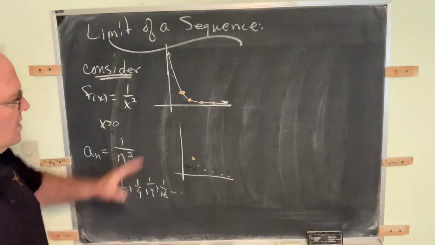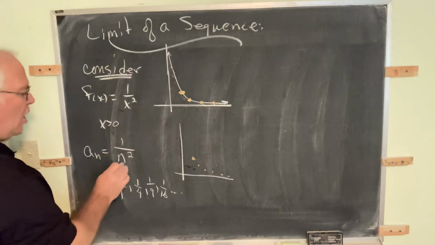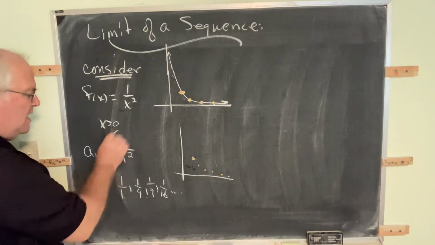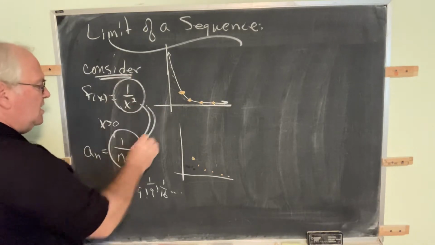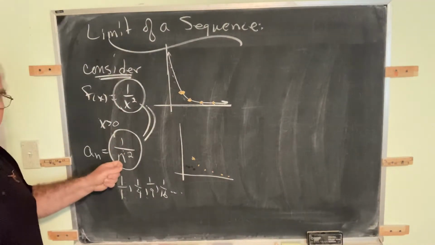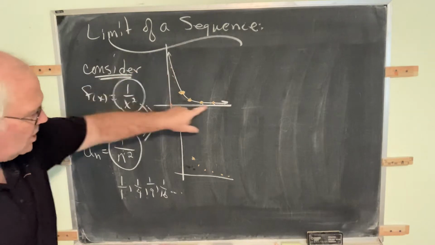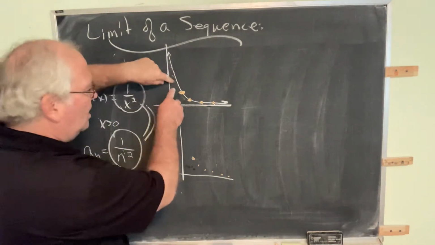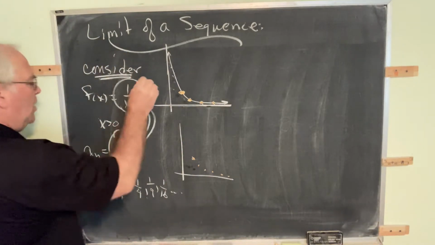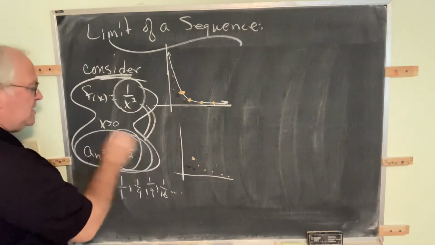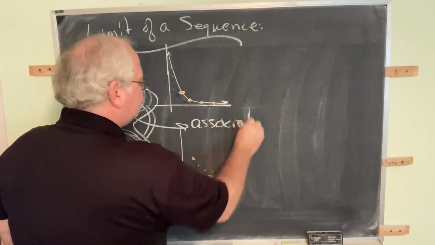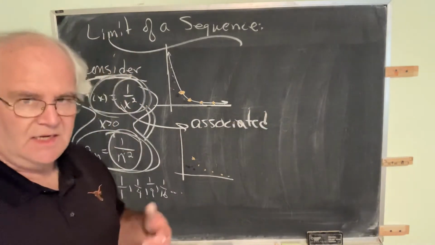In particular, notice in this case, for all natural number values, for all values 1, 2, 3, 4, 5, this function and this function equal each other. If these functions are equal for all values of n, and they are, in fact, that's how we got this curve in the first place. So the white curve and the orange dots, if they coincide at all of these values, then the word we use, this is the sequence, and this is what we call the associated continuous function.